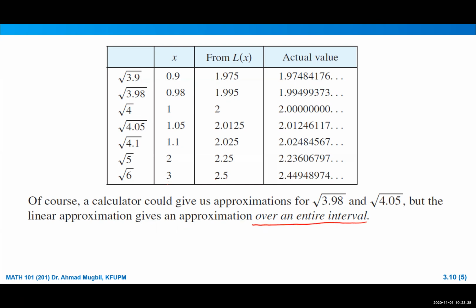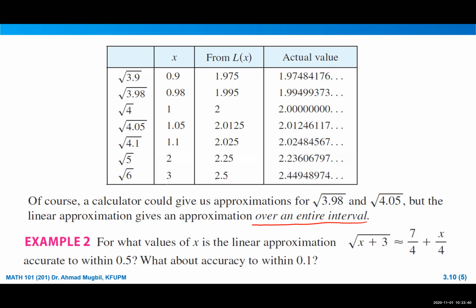Like this example, for what values of x is this linear approximation accurate within 0.5? So here I want the approximation to be the exact value plus or minus 0.5. Also, what is the accuracy to within 0.1?